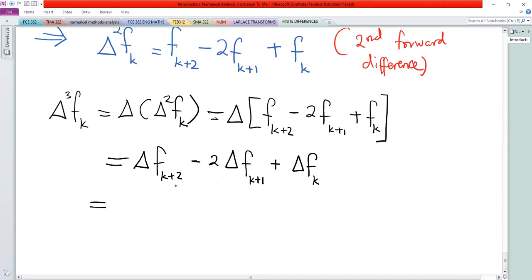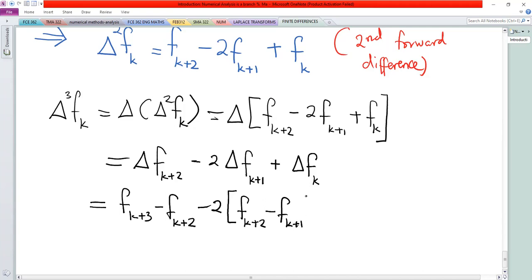Now, the forward of Fk plus 2 will be, going to the next step, k plus 3. So it will be Fk plus 3 minus Fk plus 2. So Fk plus 3 minus Fk plus 2 minus 2 times Fk plus 2 minus Fk plus 1, plus this is Fk plus 1 minus Fk. This is just by definition.